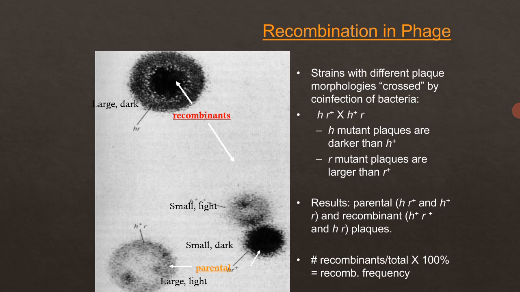You can see here in this picture, the first one is the HR plaque, which is large, also dark. Therefore it is named the HR plaque. The second one, the H plus R plus, is the small size plaque with the lighter color.